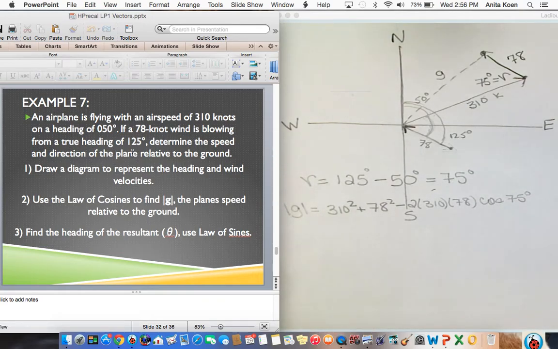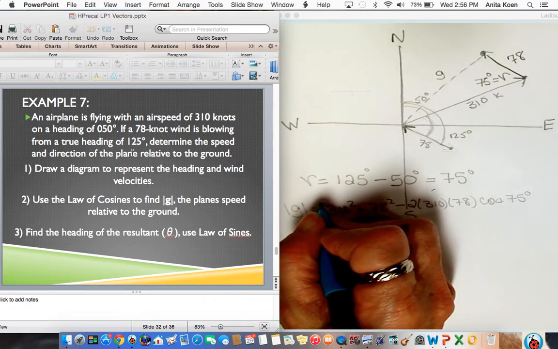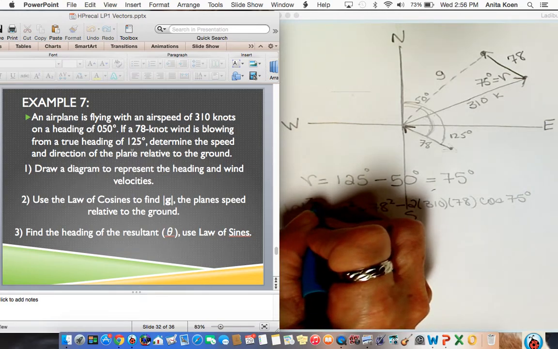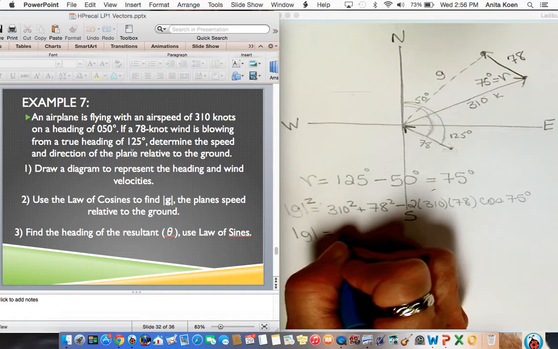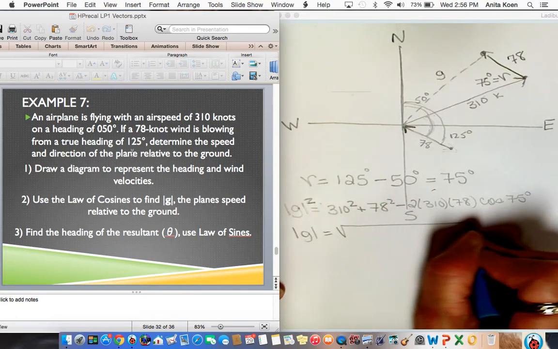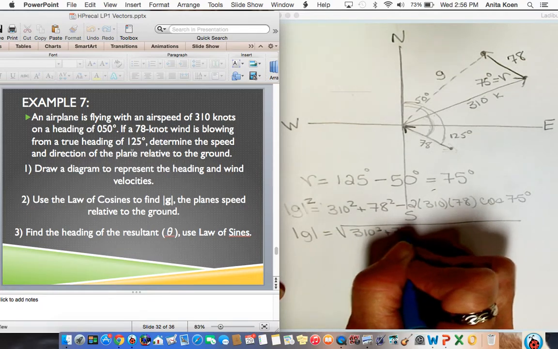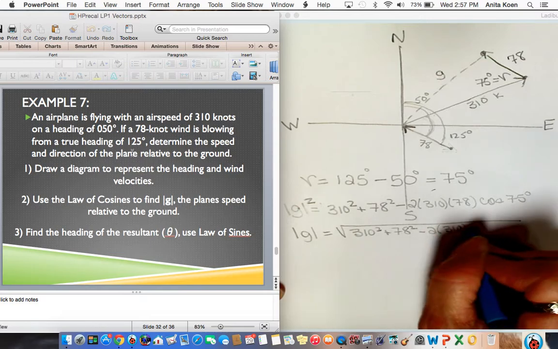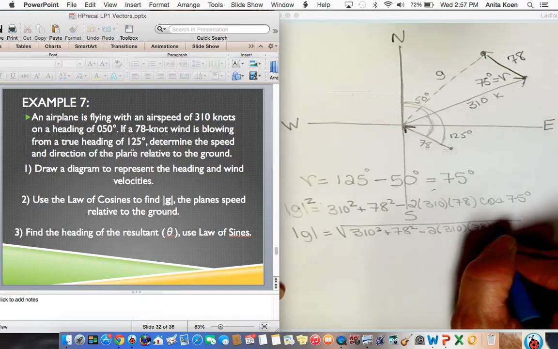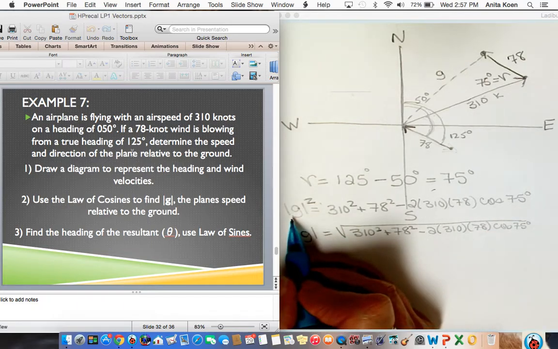I'm going to take the square root of all that, because this is the magnitude of g squared. So the magnitude of g is going to be equal to the square root of all of that. This is just my law of cosines.